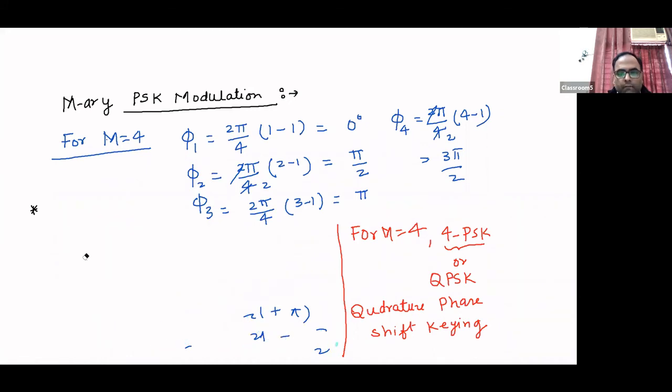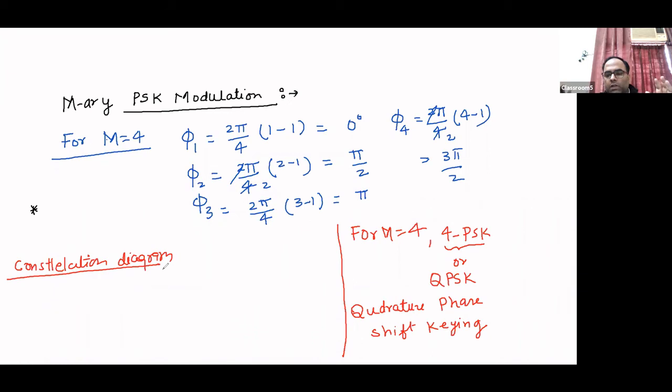For PSK, the constellation diagram means we have to represent all these 4 signals in the space. So for example, these are our basis functions.